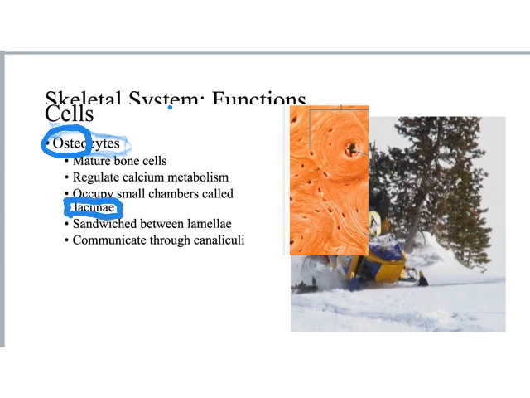I think we've seen this word before when we were looking at tissue types. Both cartilage and bone have lacunae, and the osteocytes are going to be living in there. So if you look on the picture over here, all these little holes that you see, these are all lacunae. Inside those little holes, that's where you would find these living cells, these mature bone cells called osteocytes.